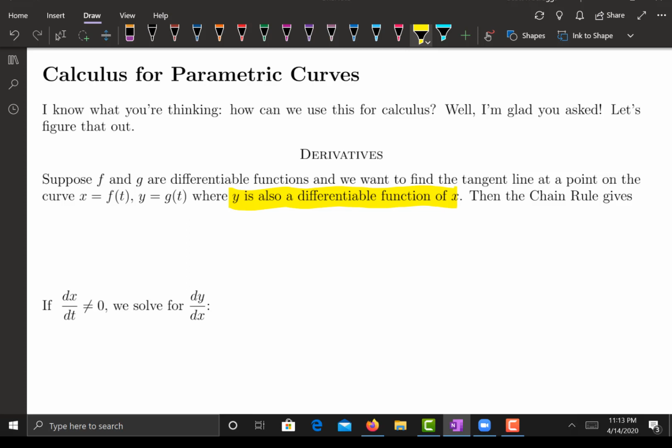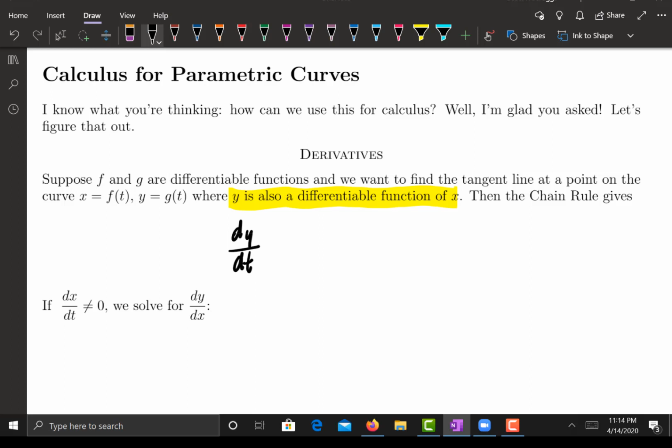Now, here's what we're thinking of doing. I'm going to use the chain rule to rewrite the formula of dy dt. When you learned this back in Cal 1, one way that you remembered the chain rule was derivative of the outside function evaluated at the inside function multiplied by the derivative of the inside function.